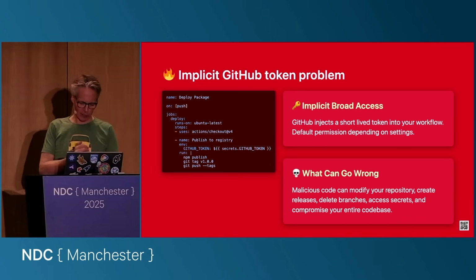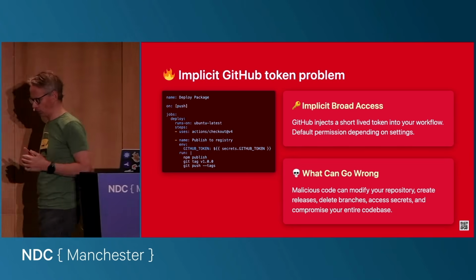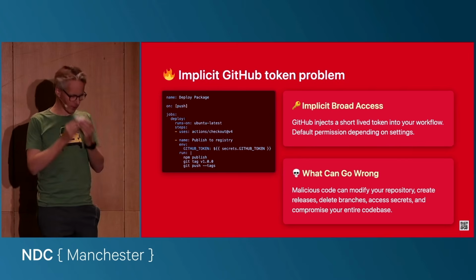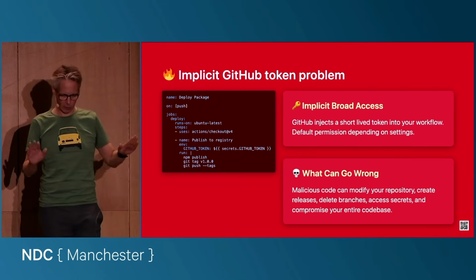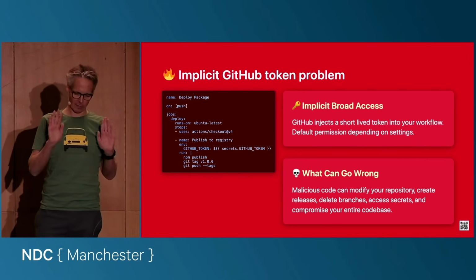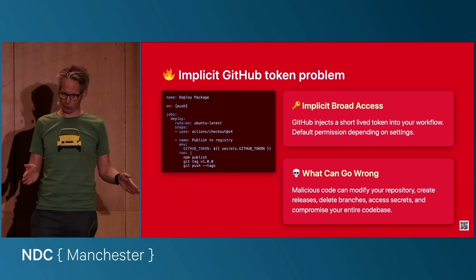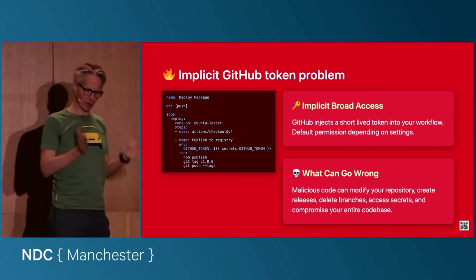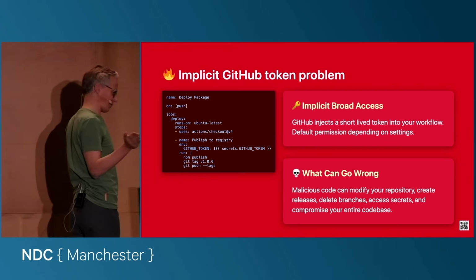So let's start with the secrets that you get by default in your pipeline. When you have GitHub Actions, by default, GitHub injects what they call the GitHub token into your pipeline, and that token is scoped to your repository. That's good, and it is also short-lived because it is only valid in the time span of your workflow.